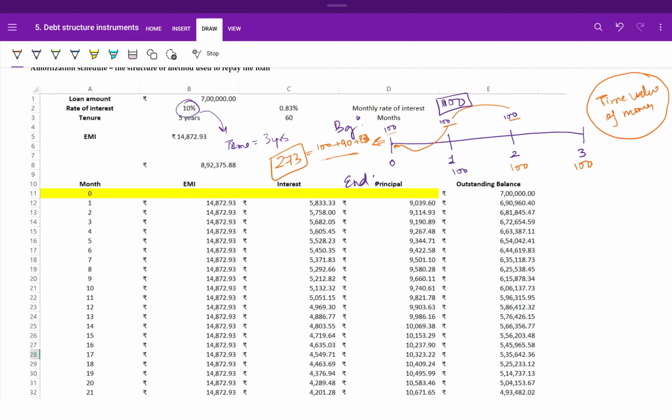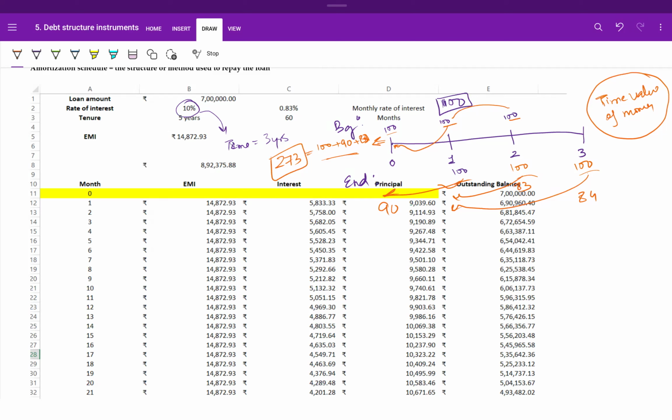But if I calculate the present value of this other cash flow, understand this thing. This 100 becomes 90. This 100 becomes 83. But this 100 becomes 84. I think I made a calculation mistake. Let me do it one more time.